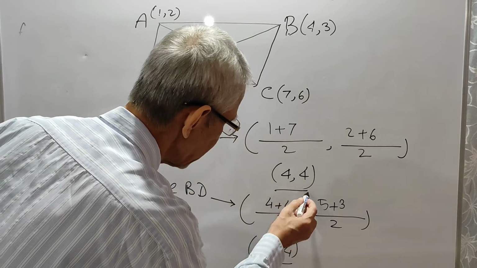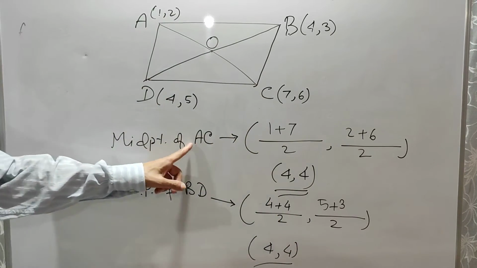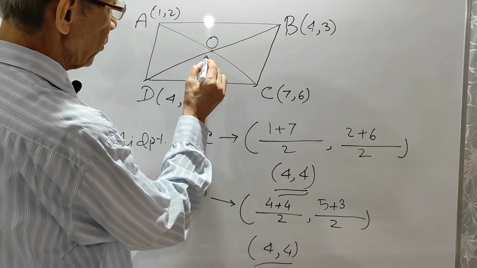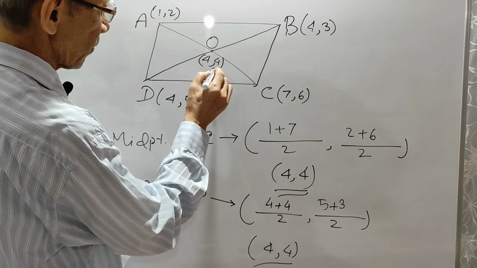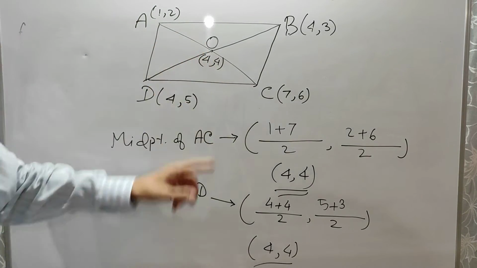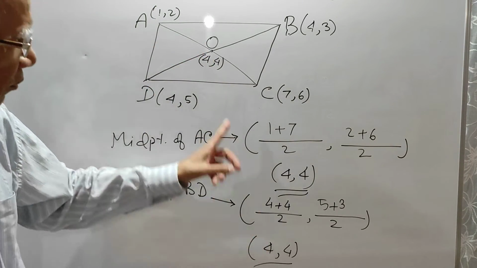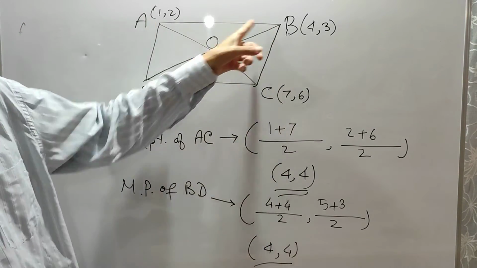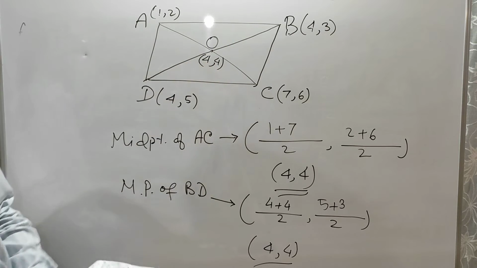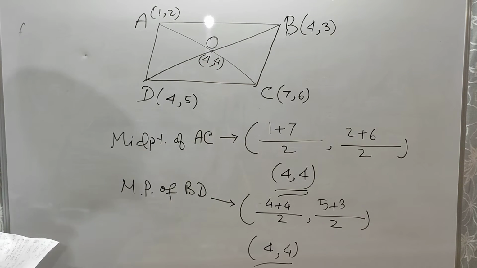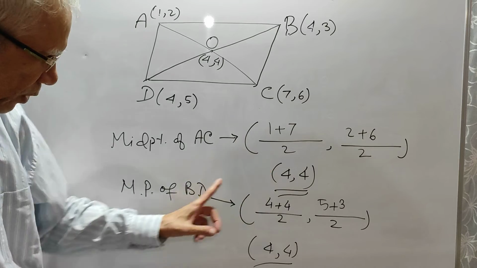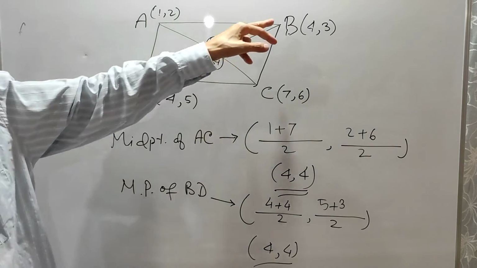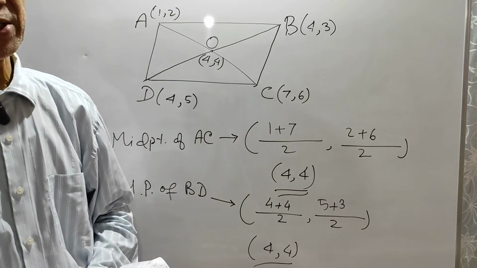Did you get it? So midpoint of AC is 4, 4. And then midpoint of BD also 4, 4. You see, the same point is midpoint of both the lines. That means AC and BD bisect each other at O. Now the same point is midpoint of two lines, that means those two lines are bisecting each other.